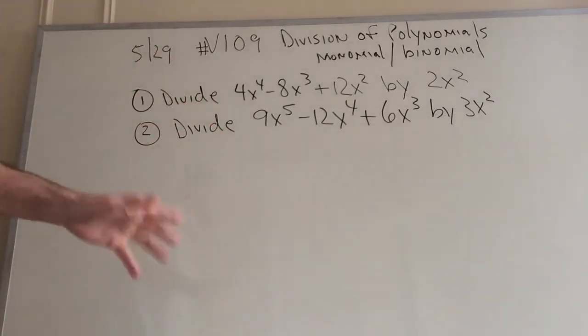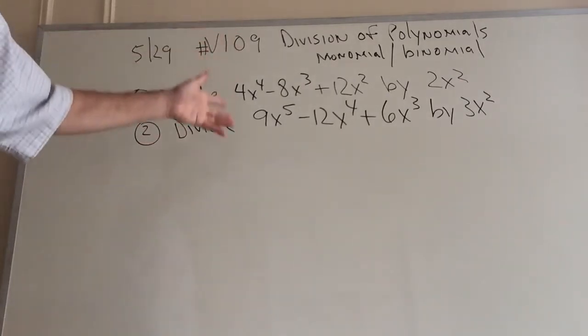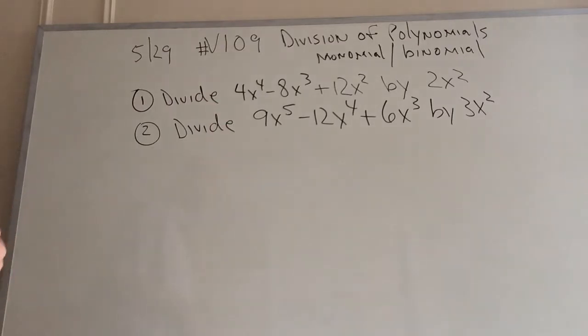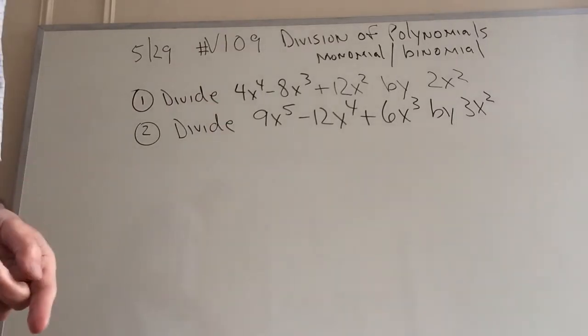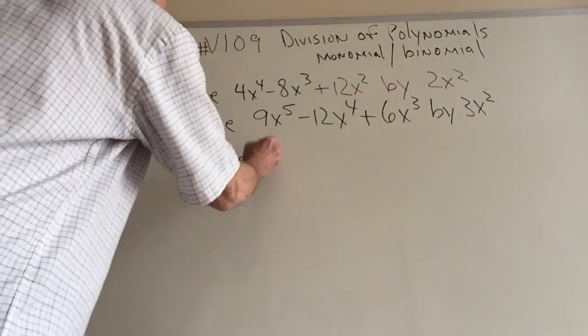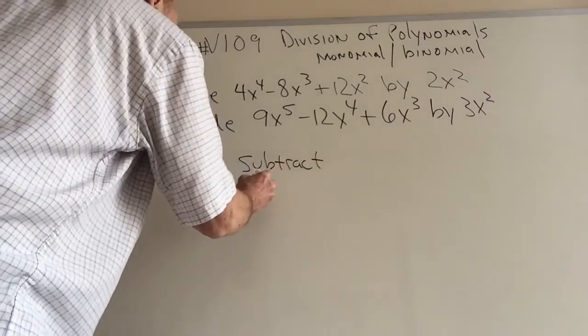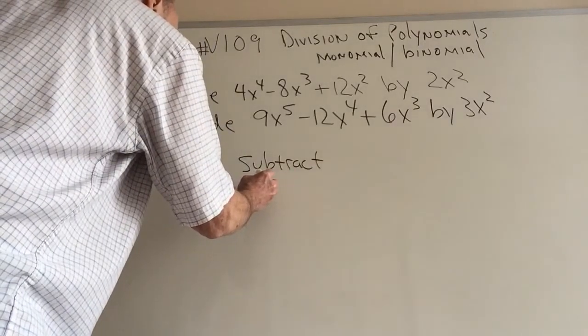So I'm going to talk just a little bit before I do these first two problems, and then move on to what they really want you to be doing. So let's see what we've done so far. We've subtracted polynomials. We added polynomials, so we'll say addition.